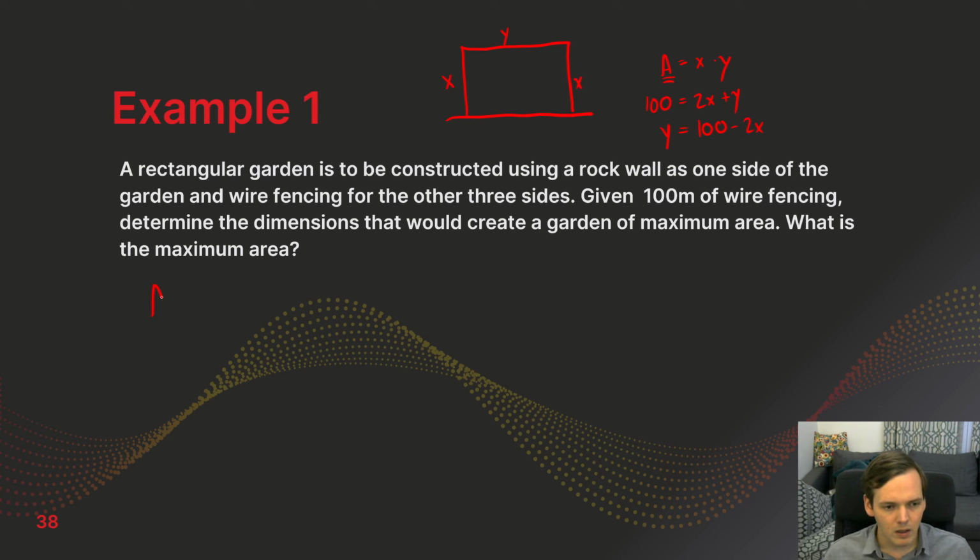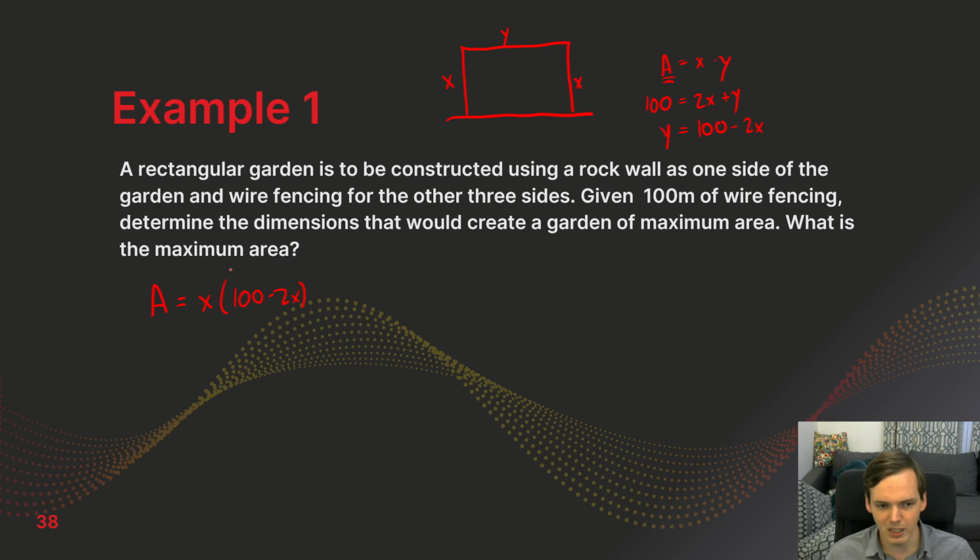So now let's write our area in terms of one variable. It's going to be x times, but instead of y, I'm going to write 100 minus 2x. So now I've got a function of area just in terms of x.